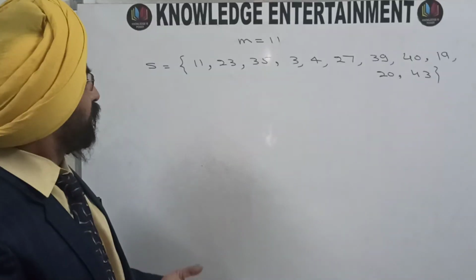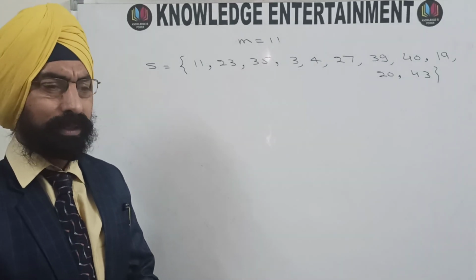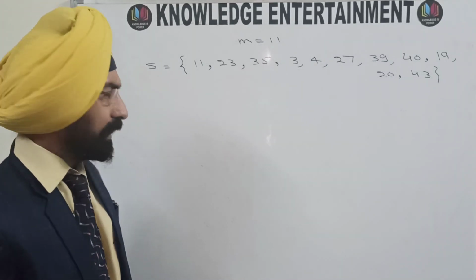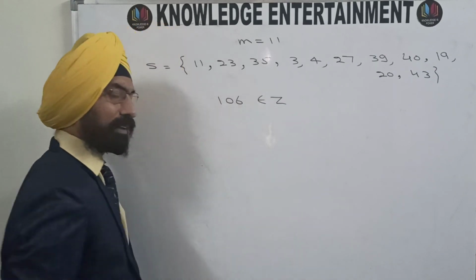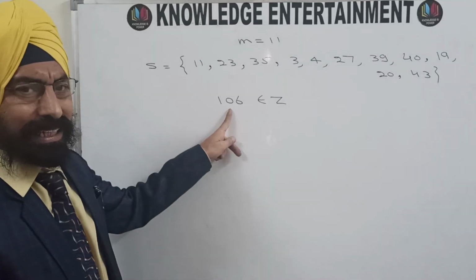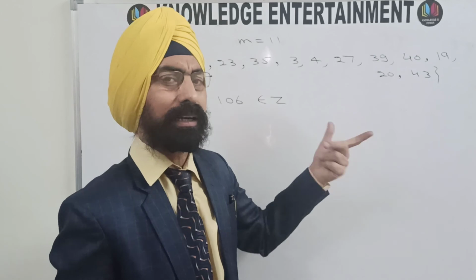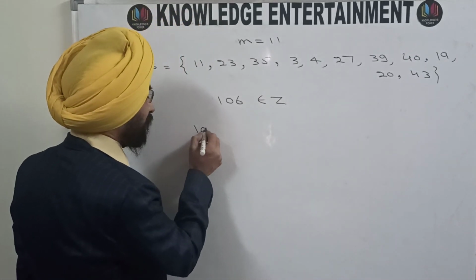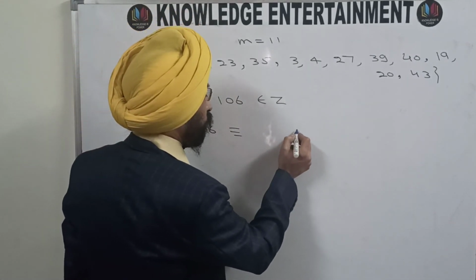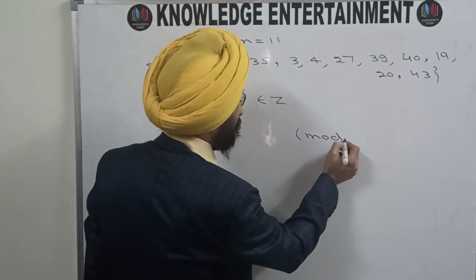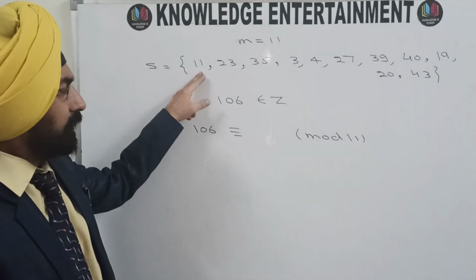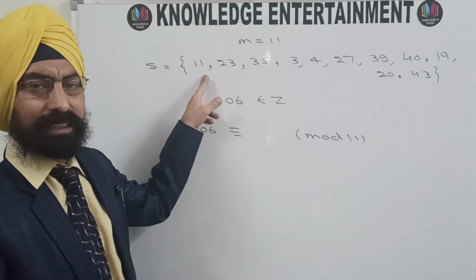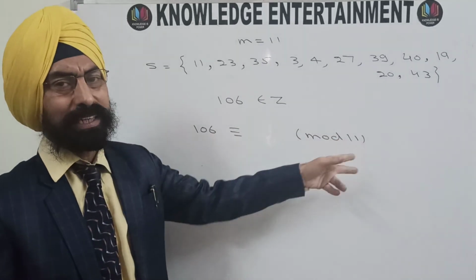So for example, let me have one number. What number I am taking? Let 106 be there. 106 is an integer and 106 is congruent to exactly one member of this set. Exactly one member. Let us see which member it is. So 106 is congruent to which member here? Modulo 11. It is not congruent to 11 because 106 minus 11 is 95 and 11 does not divide 95.